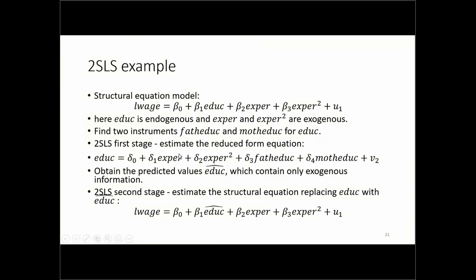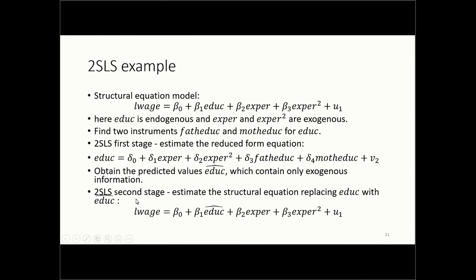The first stage of the two-stage least squares is to estimate the reduced form equation. Here we have education, the endogenous variable, regressed on the other exogenous variables from the model. Because they're exogenous, they're not causing any problems, and we can use them here as well. And then we have father's education and mother's education, which are the instruments for education. When we estimate this equation, we can obtain the predicted value, education hat, which only contains exogenous information.